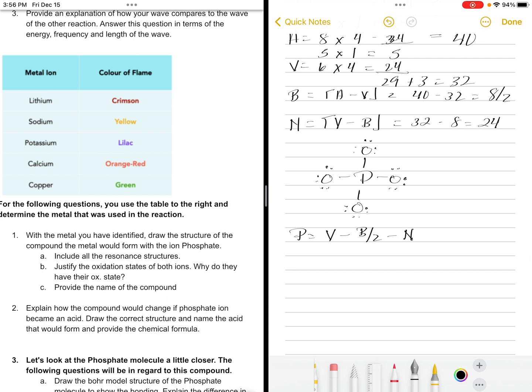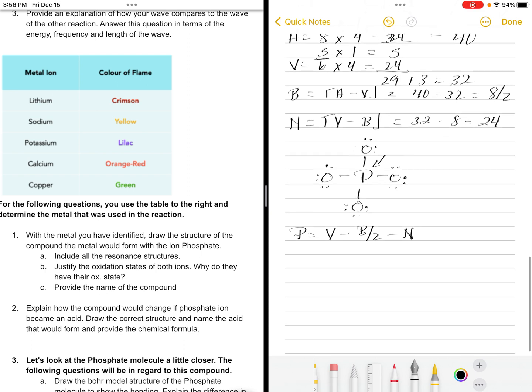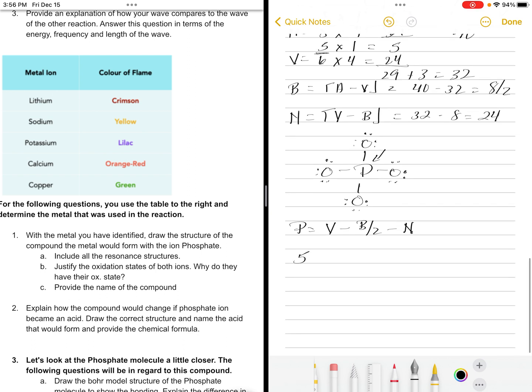So if we're going to do phosphorus, let's take a look at phosphorus, which is right here. Phosphorus, we know, going up here, from its V, that it has 5 valence electrons. So there's 5. This phosphorus has 1, 2, 3, 4 bonds on it, so I'm going to subtract 4. And then the phosphorus, in this case, has 0 non-bonded electrons, so this phosphorus has a formal charge of +1.